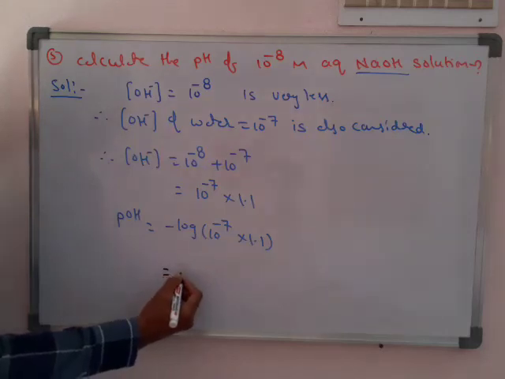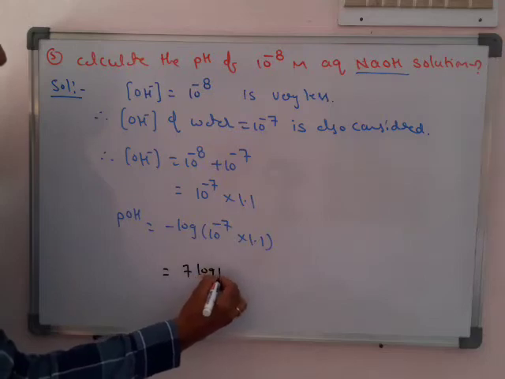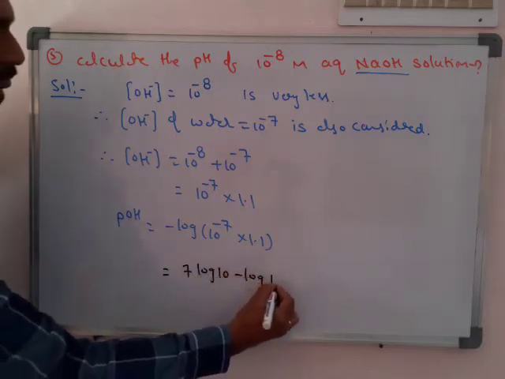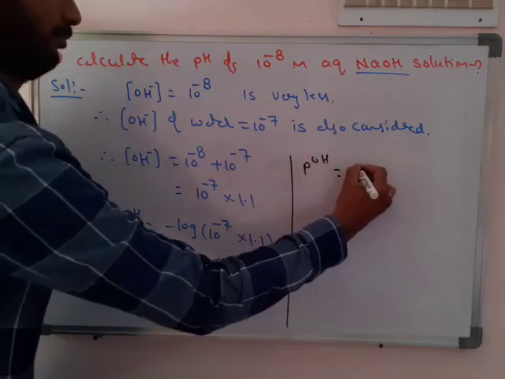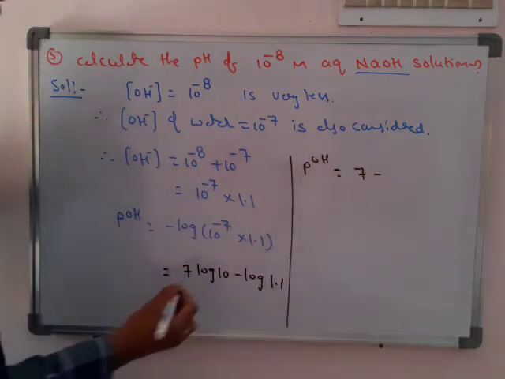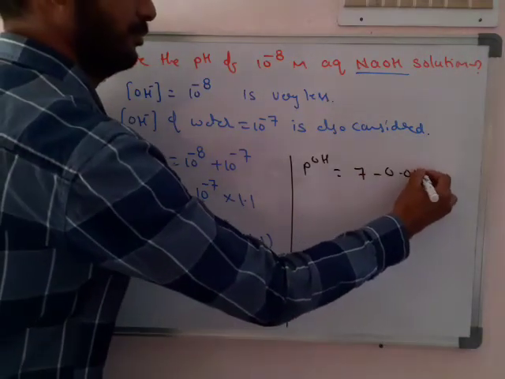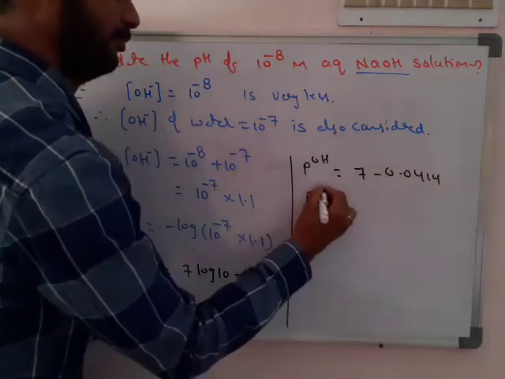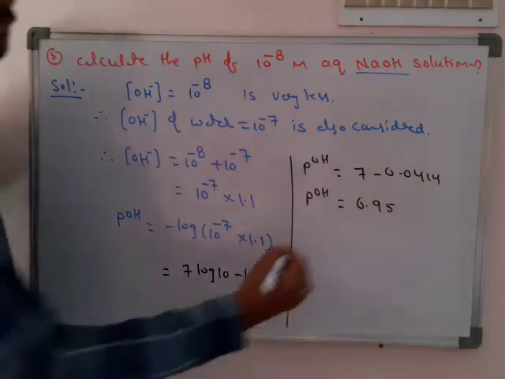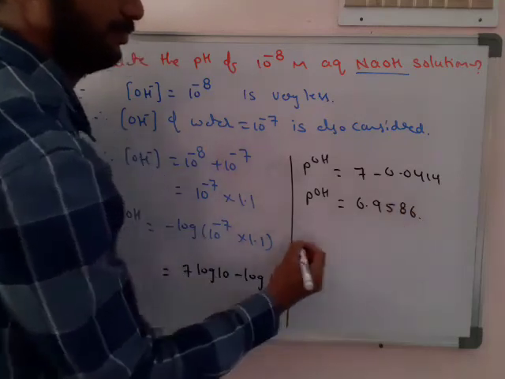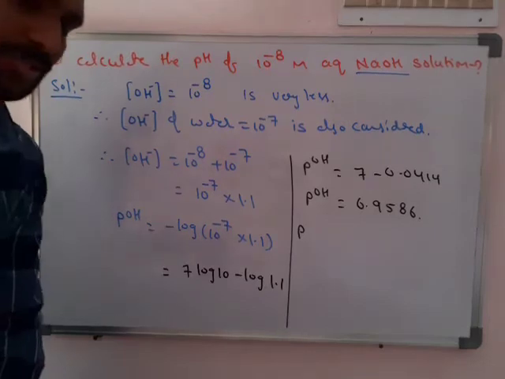So how much did we get? 6 point... okay, we do it again. So log 1.1 we got 0.0414, so 6.9586.